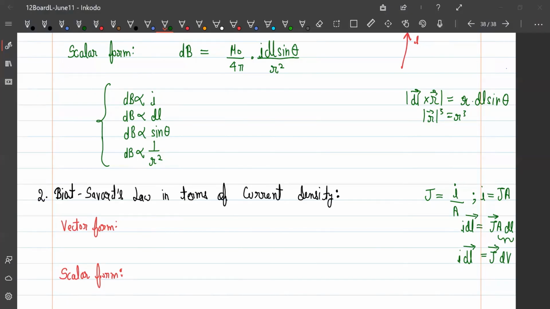Nupur, can you tell me the result for this? Anyone?